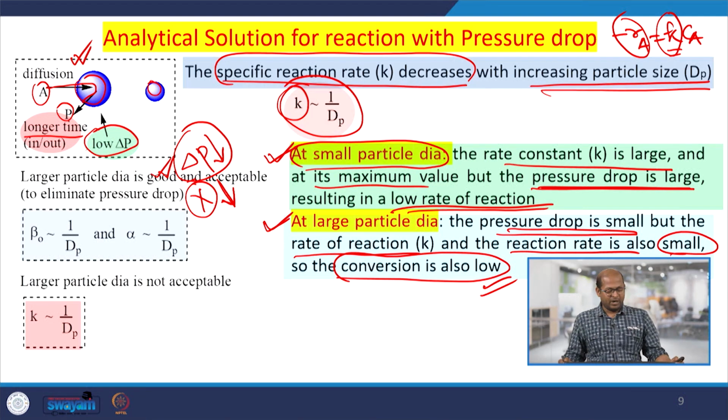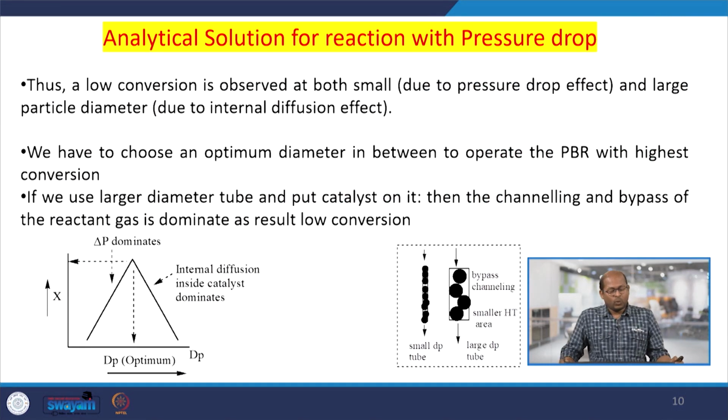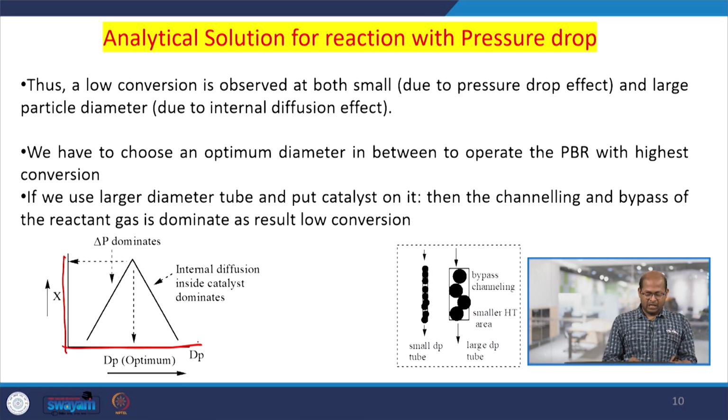So what do we have to do? We have to choose an optimum. See here, this is the plot of conversion X against particle diameter.